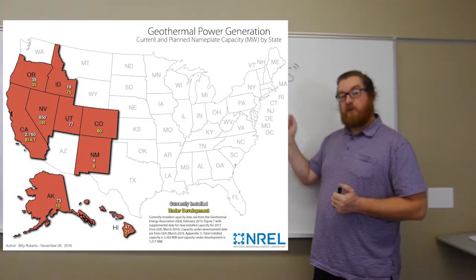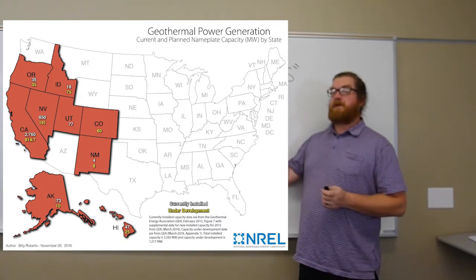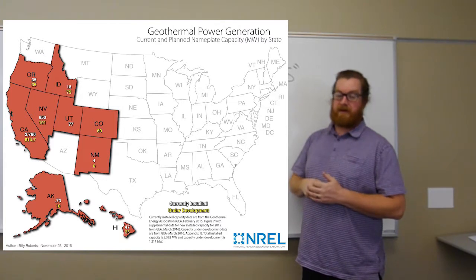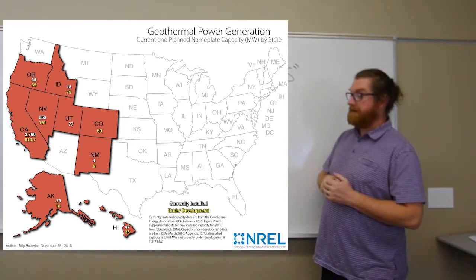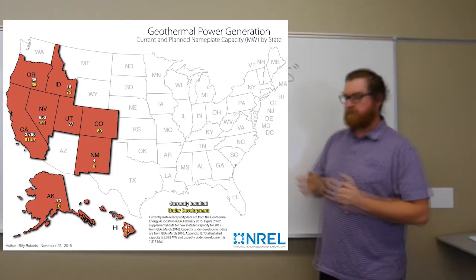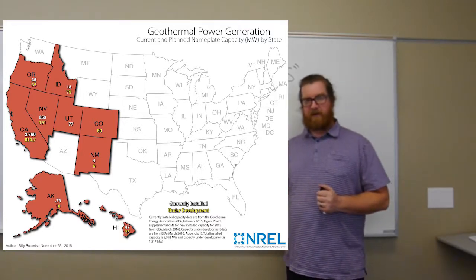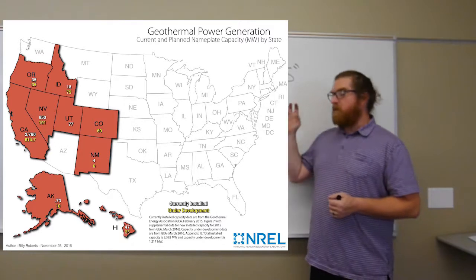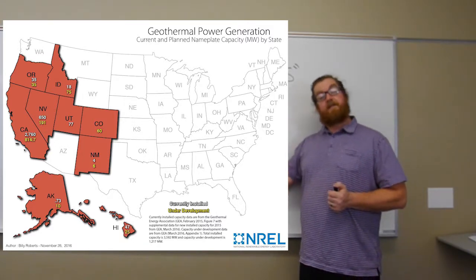You can see shown in white, that's the current number in megawatts. That's the current amount of power that's generated in each of these states. We're at currently 18 megawatts. You can see Alaska is a pretty small number. It's actually a decimal, not even one full megawatt. But more interestingly is the number that's shown in yellow.